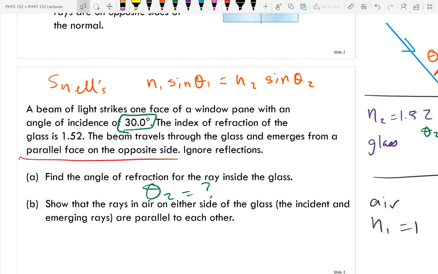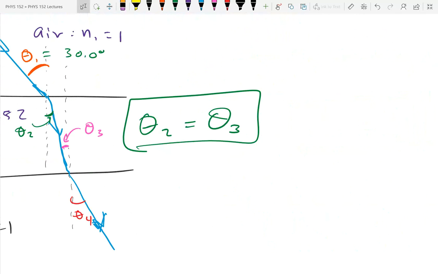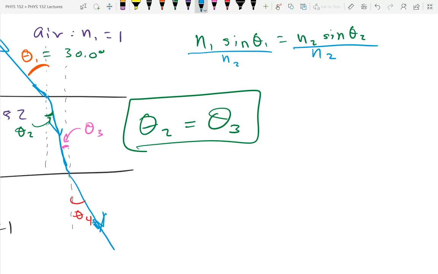How do I relate theta 1 to theta 2? I just apply Snell's Law. So I'm going to have n1 sine theta 1 equals n2 sine theta 2. I want to solve for theta 2, so the first thing I do is I get my trig function alone. So that gives me sine theta 2 is equal to n1 over n2 sine theta 1.